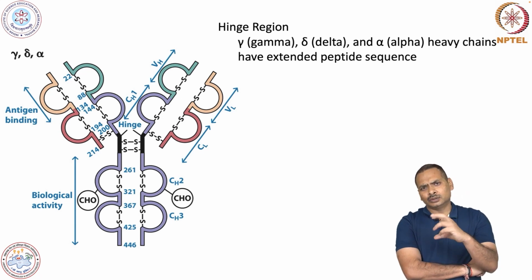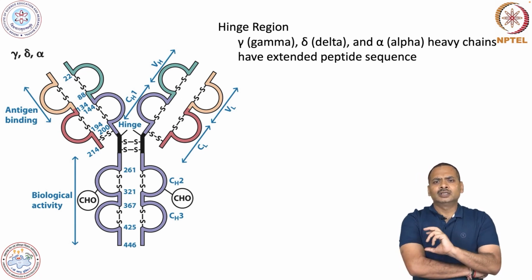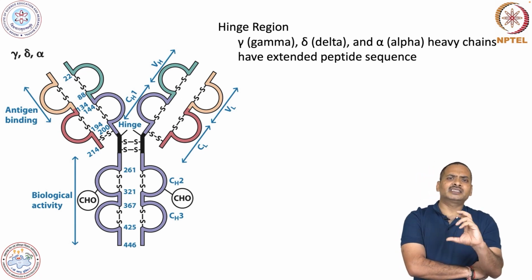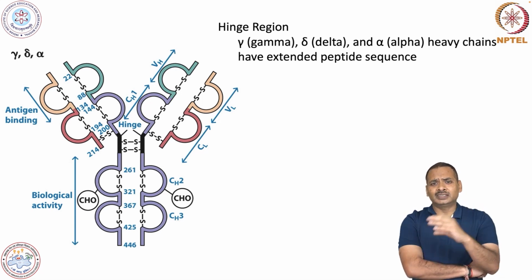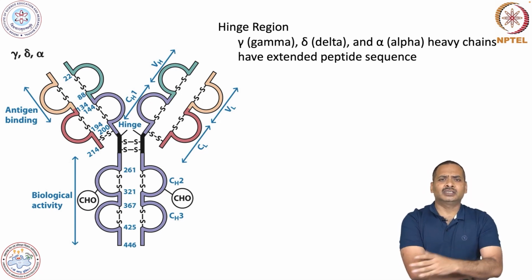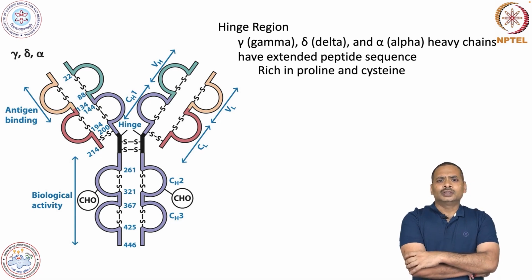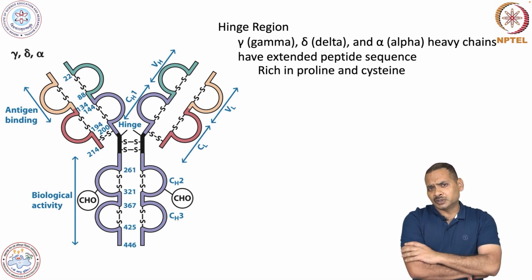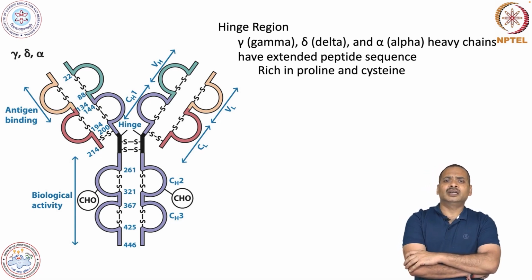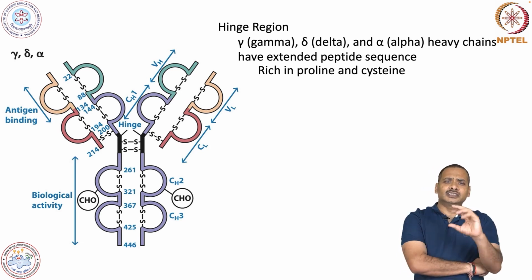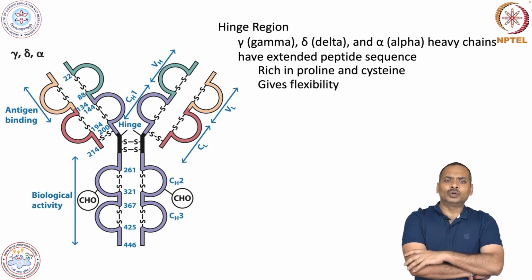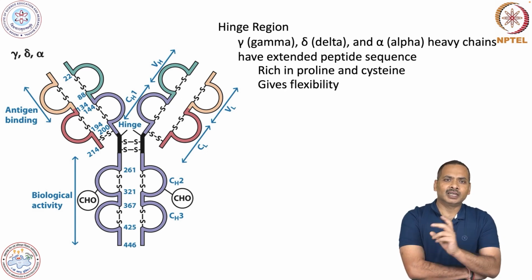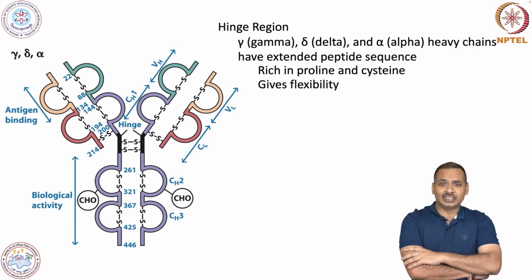The hinge region is basically an extended stretch of amino acids, and it has characteristic amino acids which I will show you. This hinge region is rich in proline and cysteine. Since it is rich in proline and cysteine, it has more flexibility, and it can also make more disulfide linkages.